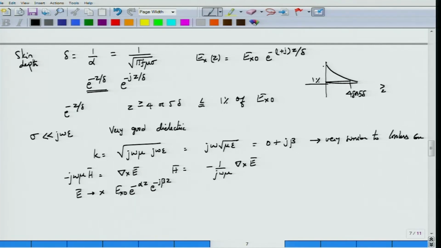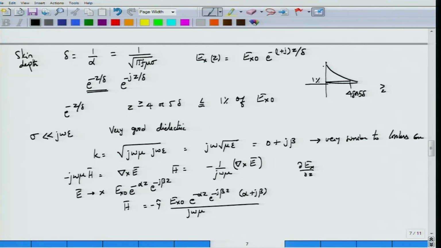If this is how the electric field is going, then H will have only y component, and this will be given by H equal to y hat, and then you have Ex0 e power minus alpha z e power minus j beta z, but this curl of E, the y component, is nothing but del Ex by del z. So I can differentiate this, and I will get alpha plus j beta, which would be with a minus sign here, and then divided by j omega mu, correct.